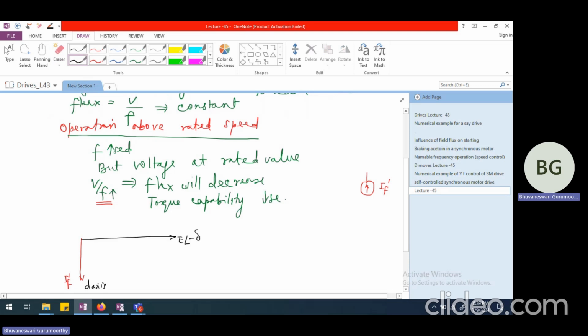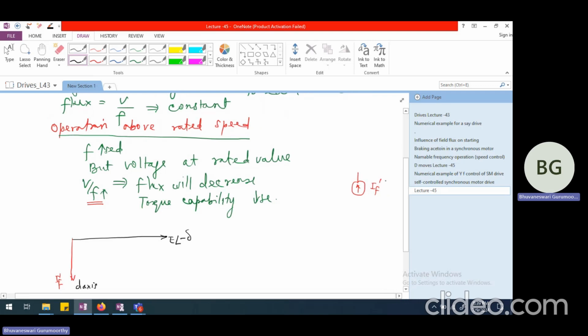So IF will be at minus delta, and this is another 90 degrees away, so we write IF angle minus delta minus 90 degrees.